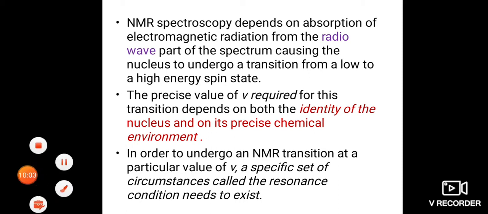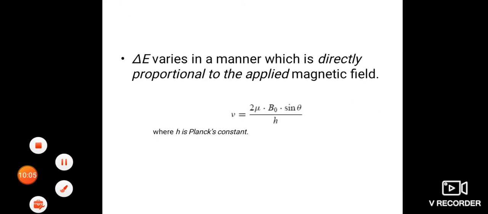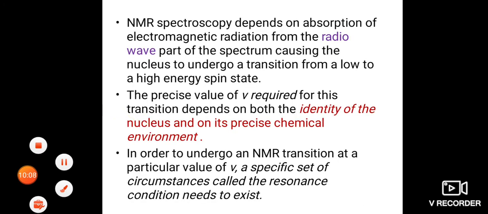Now, NMR spectroscopy depends upon the absorption of electromagnetic radiation, from the radio wave part of the spectrum, causing the nucleus to undergo transition from low energy to high energy states, because this energy is sufficient to bring about the change in the spin of that tiny magnet.